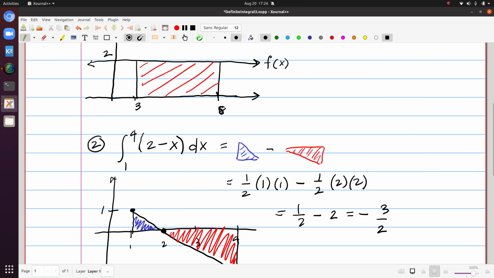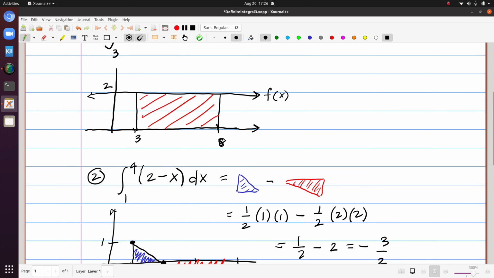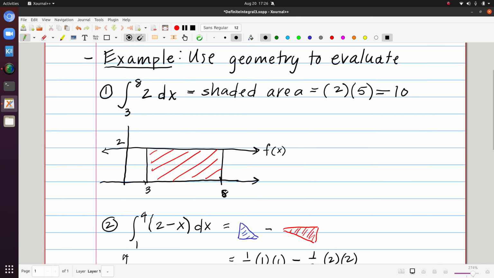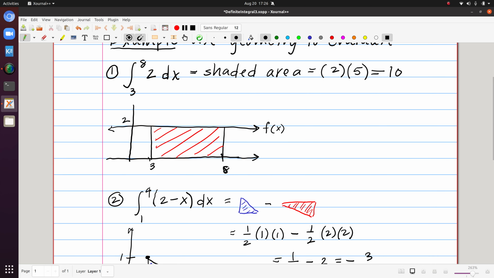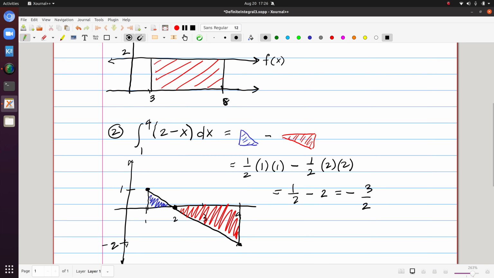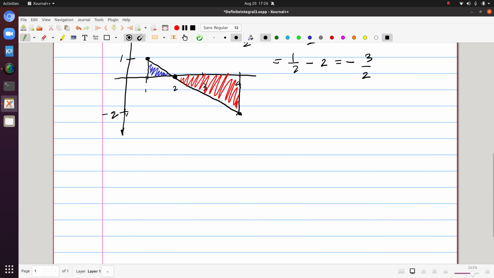So the advantage in using geometry is, of course, that this is a much quicker way to get to the end result. But the disadvantage is that we're not going to be able to look at every area of interest and recognize a familiar geometric shape. And I'll do one last example where using geometry is particularly useful.